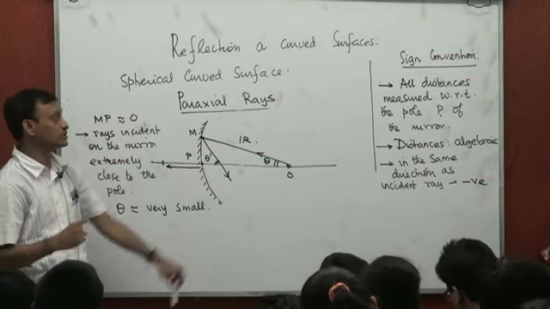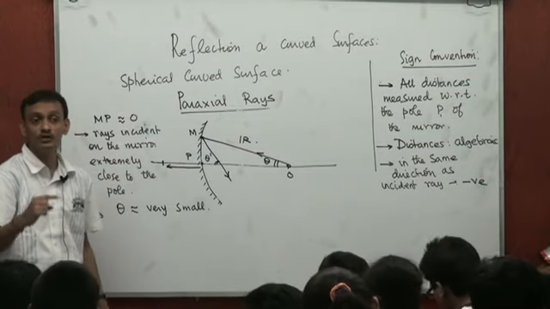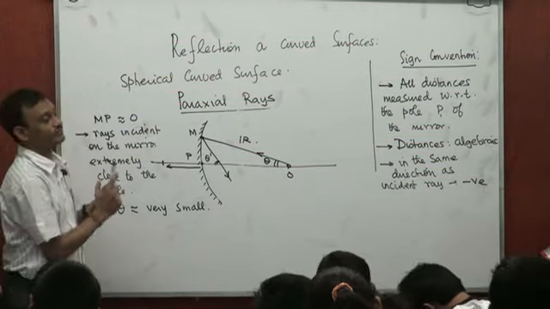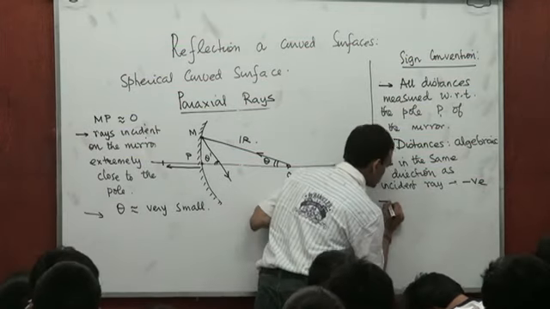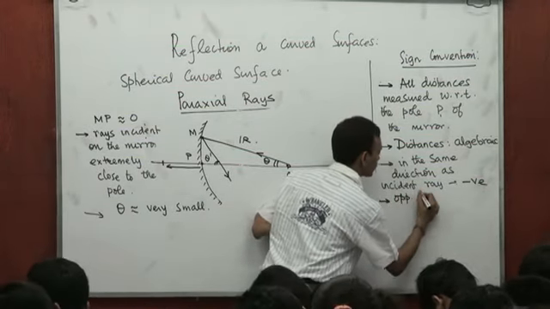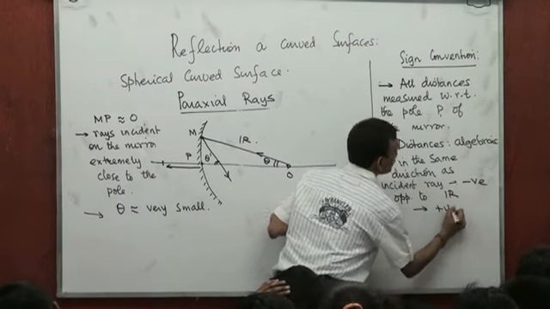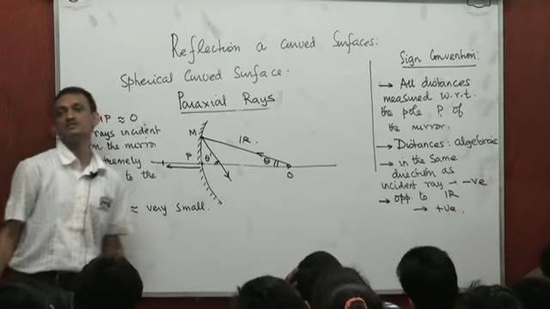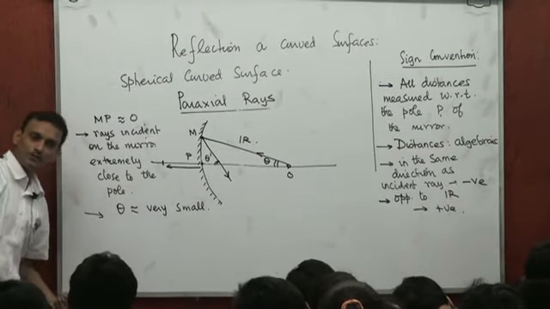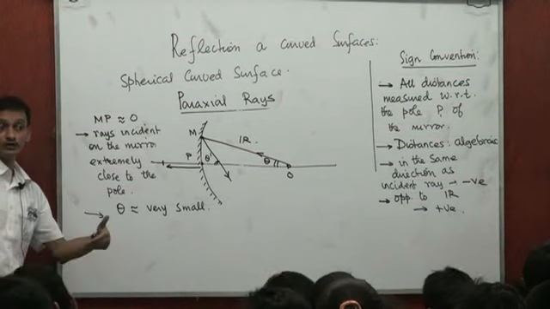And opposite to the traversal of the incident ray, measured from the pole of the mirror, distances would be regarded positive.